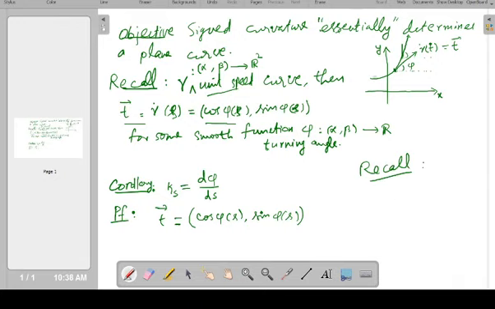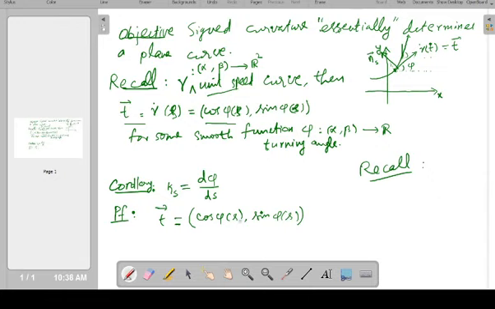Suppose that this is the path of the curve, and at this point you have the unit tangent vector T, and rotate this unit tangent vector T through an angle pi by 2 counterclockwise. So you will get this vector. Call it vector N suffix s.